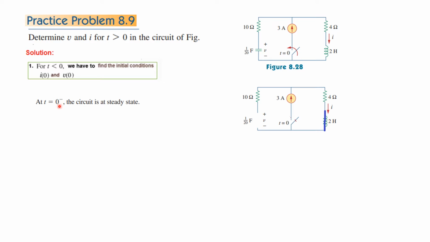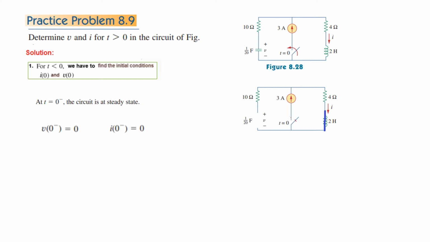So at t less than 0 the circuit is in steady state, and V0 is 0 because there is no current flowing in the circuit. This is an open circuit, so the voltage across it will be 0, and similarly the current through the inductor, I0 minus, will also be 0.